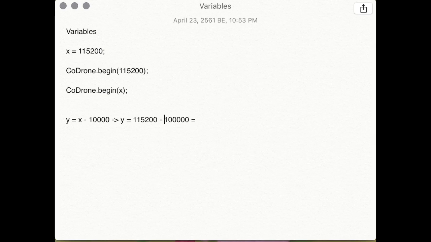So let's change that, 100,000. So then equals 15200.